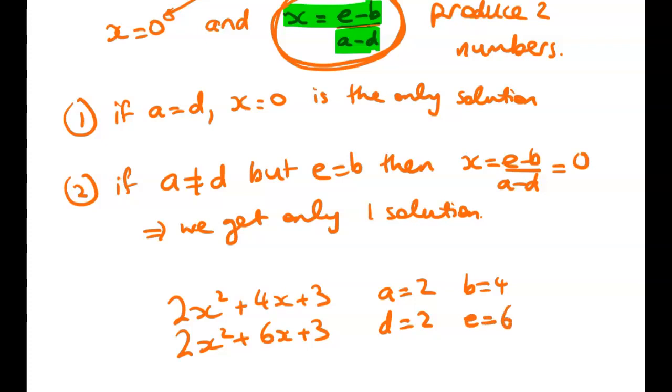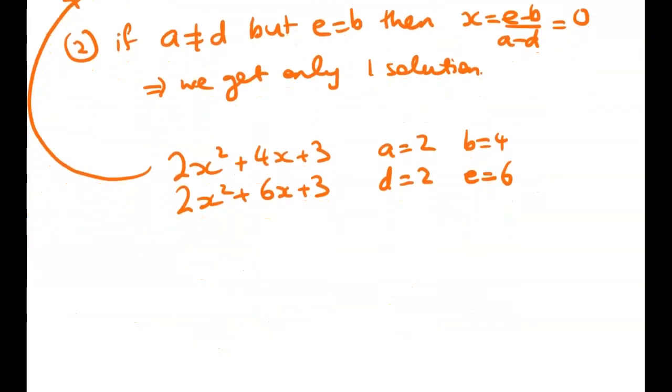So this is the first case here, right? We get x is equal to 6 take away 4 over 2 minus 2, which is undefined. We can't divide by 0. And that's this graph here.